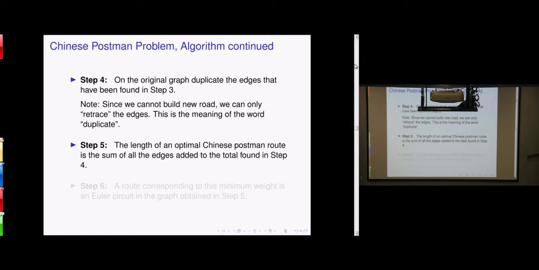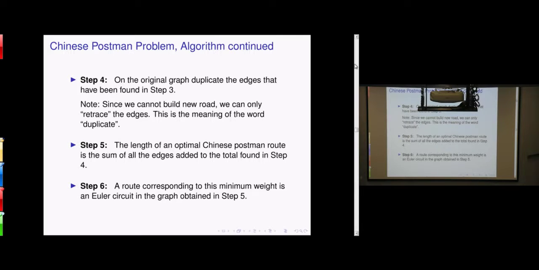So you just add the total. That's step 5. Now step 6, a route corresponding to this minimum weight is an Euler circuit in the graph obtained in step 5. We know that the Euler circuit supposedly is the most efficient. So that's the algorithm.